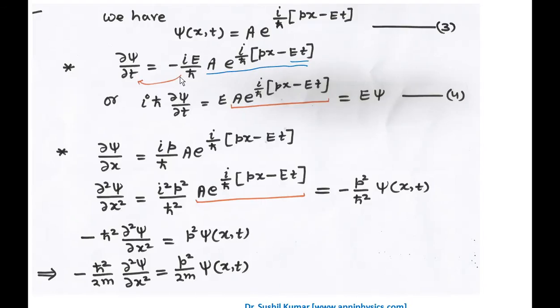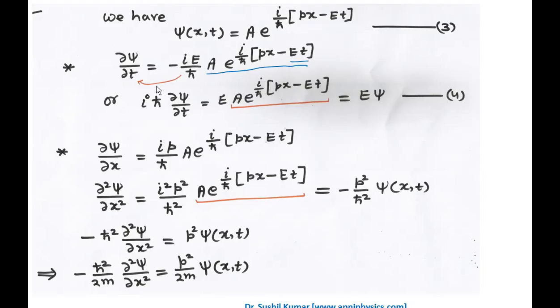Now I am rearranging the terms, so multiply numerator and denominator by i, so i square is equal to minus 1, minus plus, so this is i h cross.